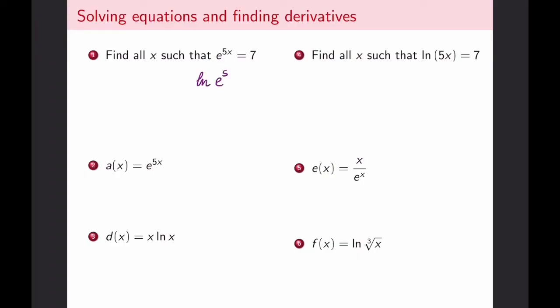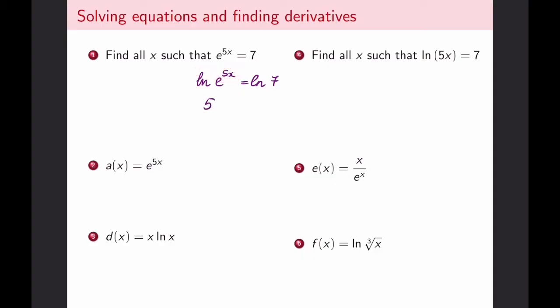I'm going to apply the logarithm to the left-hand side, and I'm going to apply the logarithm to the right-hand side. Now, on the left-hand side, what I have now is that the logarithmic and exponential functions are applied back-to-back to 5x. So you can either apply the cancellation rule, or you can also apply the rule that says that I can take the power inside the logarithm and move it all the way to the front.